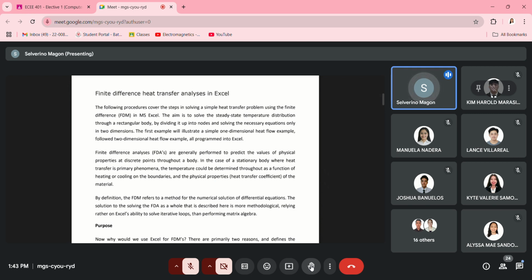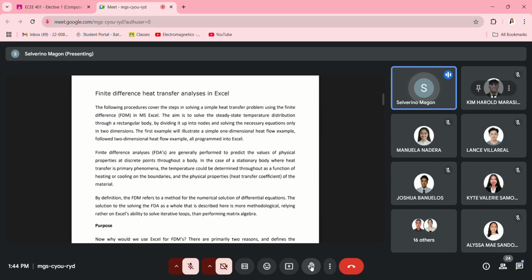The convenience is, as you can see in the title, we'll be using Excel here again, spreadsheet applications. For this case, we suggest that you use Excel. I haven't tested the other features in the other spreadsheet applications, like the iterative ones.